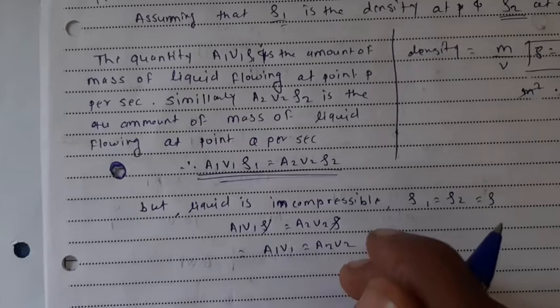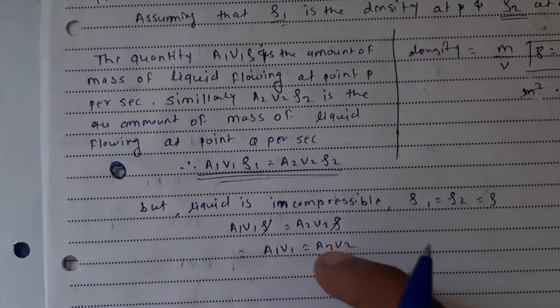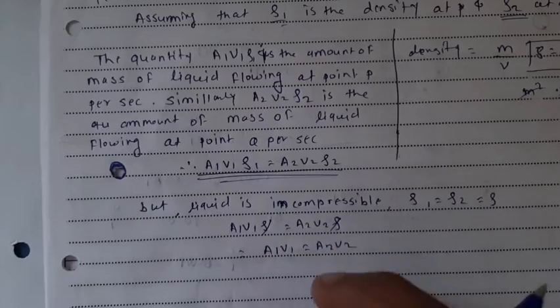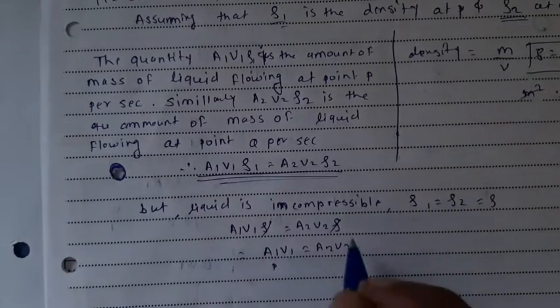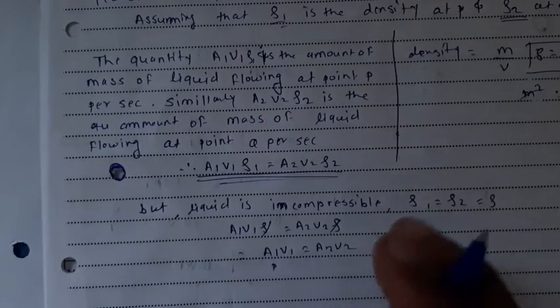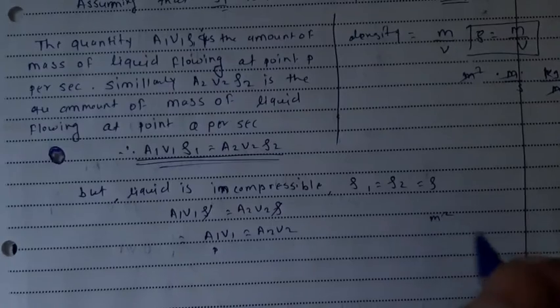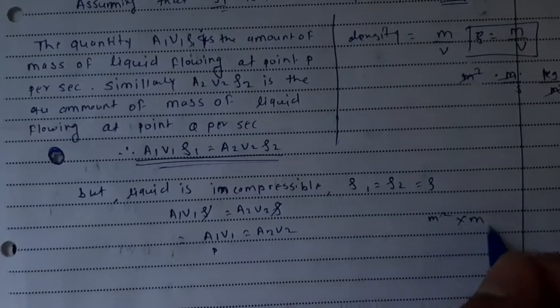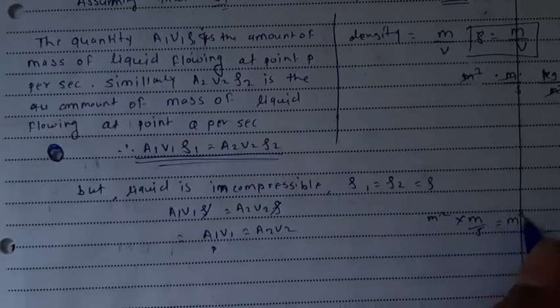That is what we have considered. A1 is the area, V1 is the velocity at point P. Okay, so area is measured in terms of meter square, and velocity is measured in terms of meters per second. So it is meter cube per second.